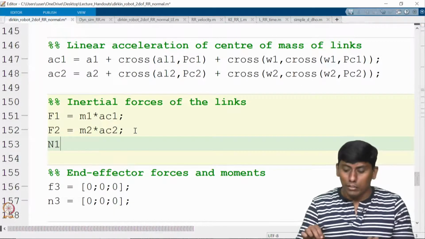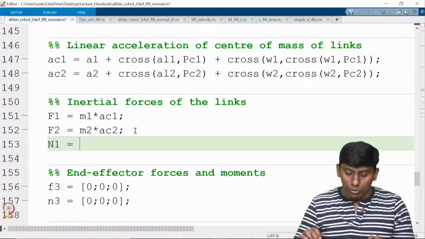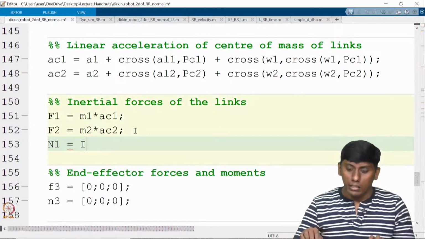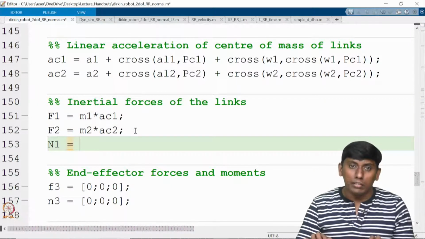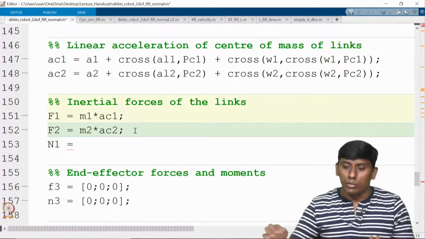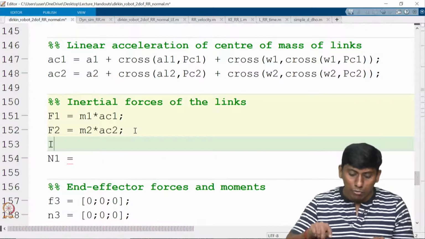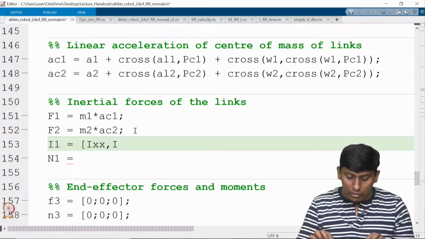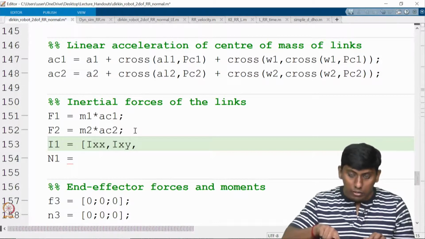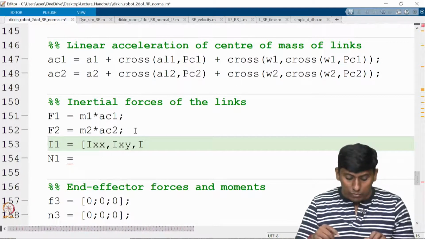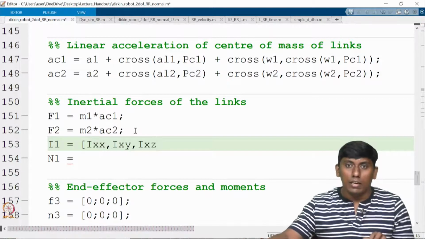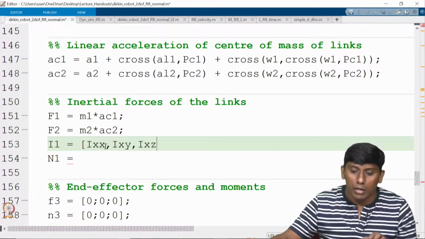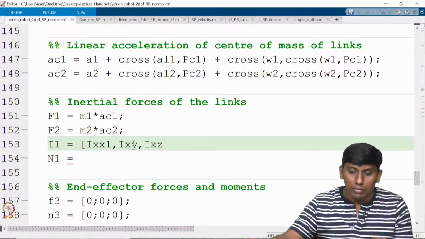In the sense, what is the inertial moment? You can write I, and I here is the bigger matrix. So I1 you can write as IXX, IXY and IXZ, and since it is a 1, I will write it 1.